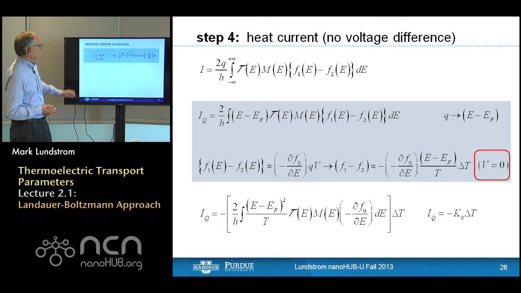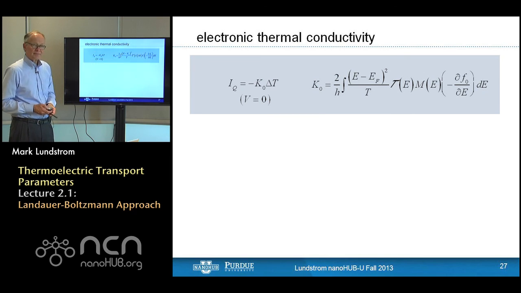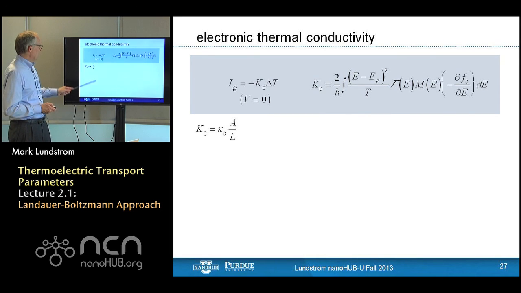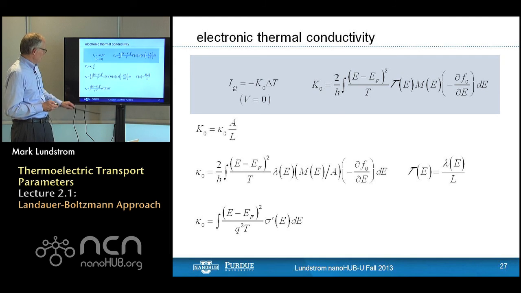And when we do that, we get a simple relation for the electronic heat conductance under short circuit conditions. I can convert that to an electronic thermal conductivity under short circuit conditions, and we get an expression that looks like this. The mathematics looks a little complicated, but was all step by step and relatively clear physically. So we have a simple expression for the thermal conductivity.